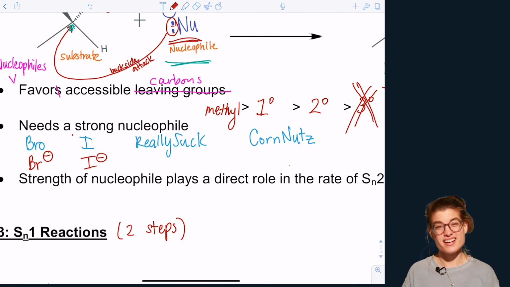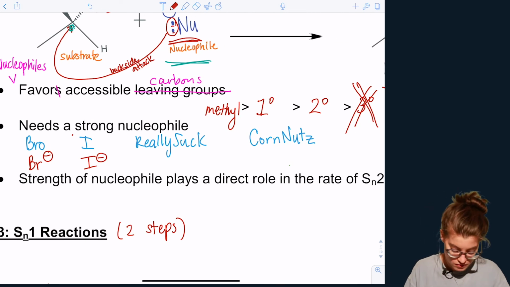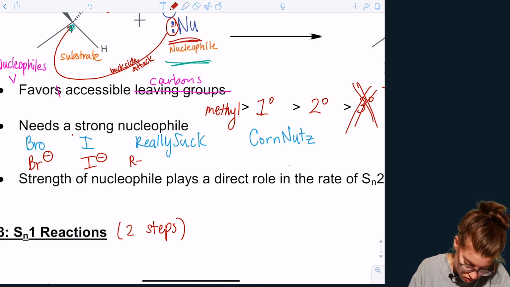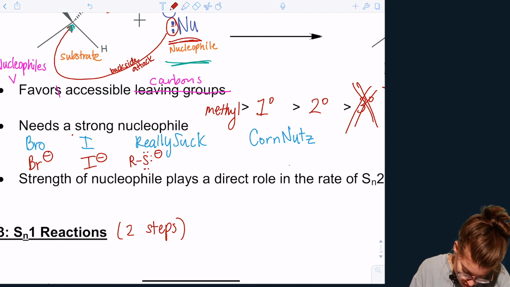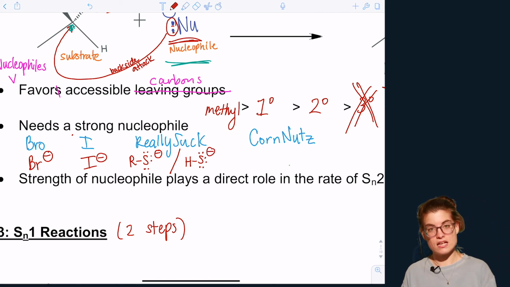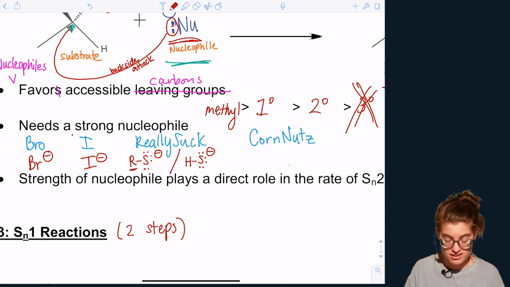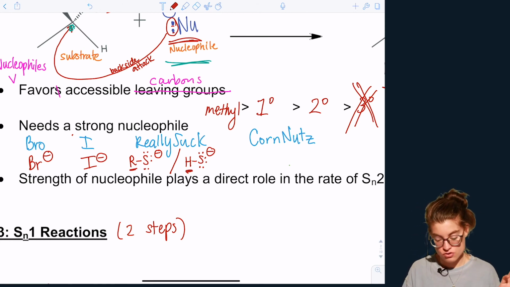Okay, really suck actually stands for two things. It stands for RS minus or HS minus, okay? So the important part is the negative sulfur atom. I don't care if I have an alkyl group or a hydrogen.